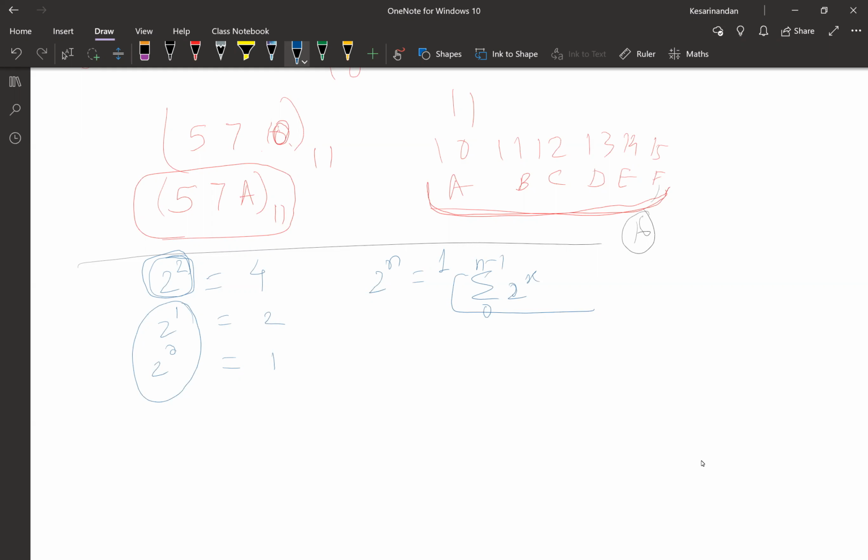Always 1 greater. You can derive this or you can learn it. There are two methods. Is this part clear, guys? Anybody any doubt? Okay, great.